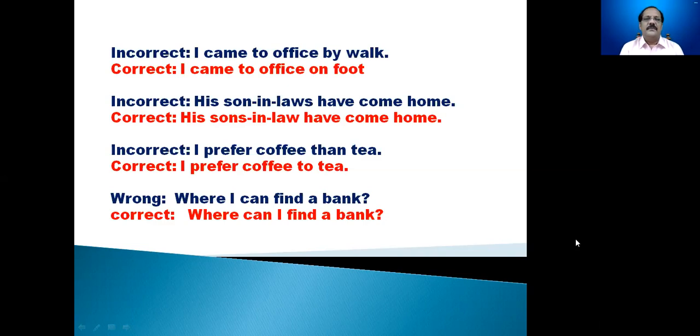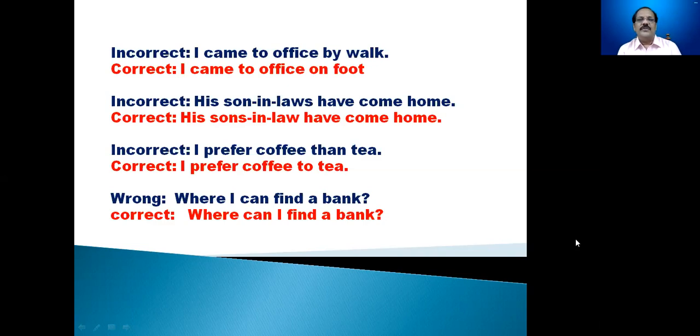Then if you go for the next one, I prefer coffee than tea. I prefer coffee to tea. Whenever prefer comes, we should use to. I prefer coffee to tea. Likewise, the same case applies to superior and inferior.